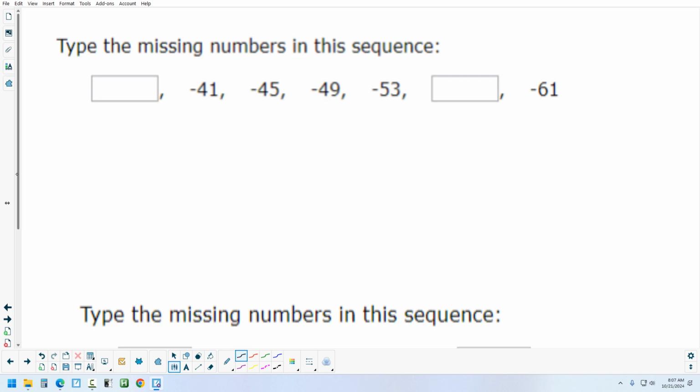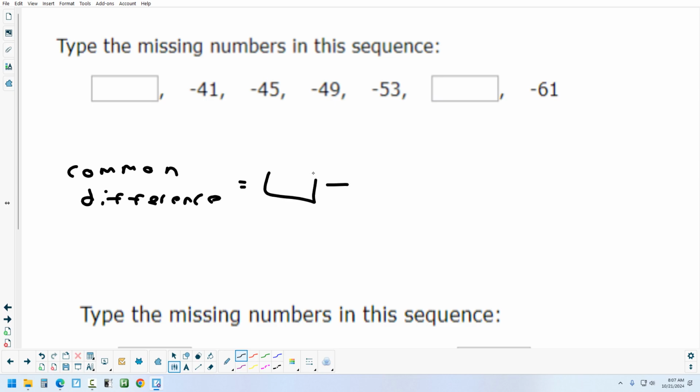Then we can use that to fill in anything we're missing. Common difference is going to be something minus something. Can somebody give me something I could fill in here and here, and when I do it, it'll give me the common difference?